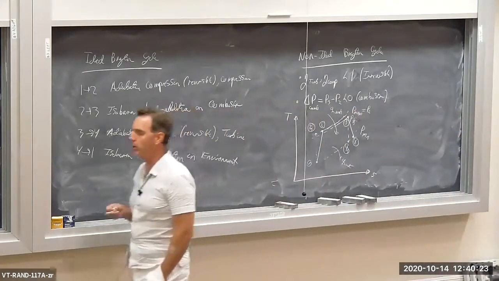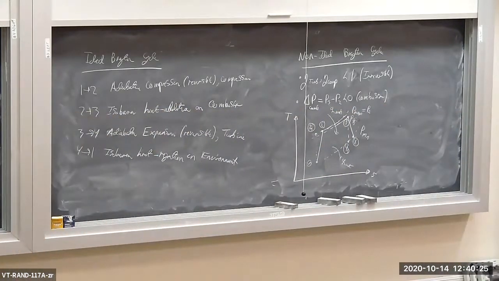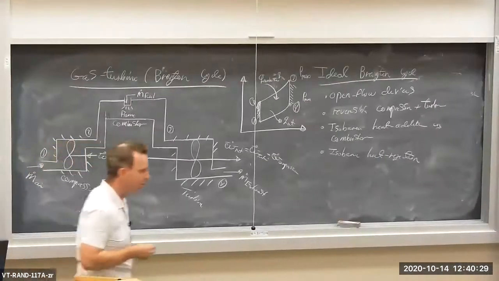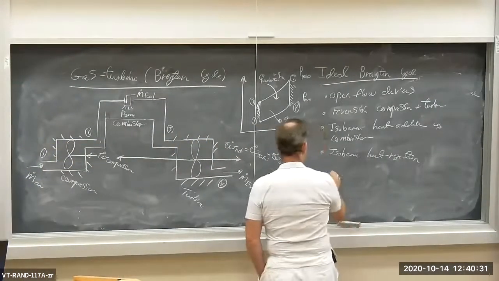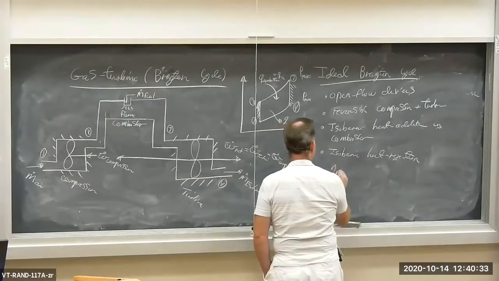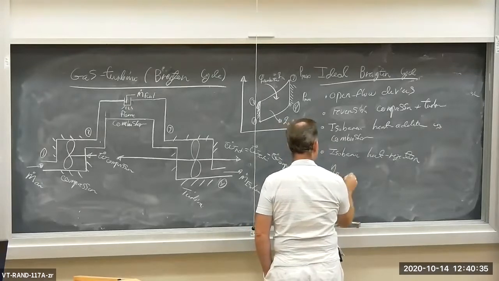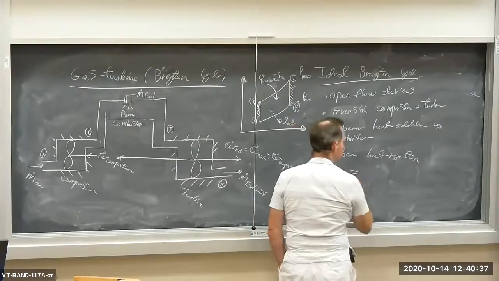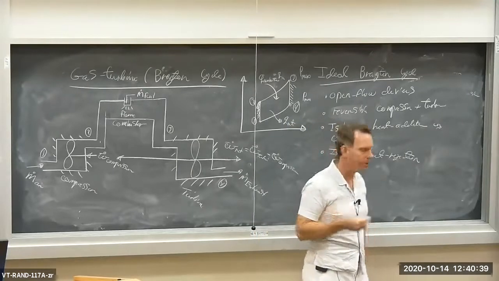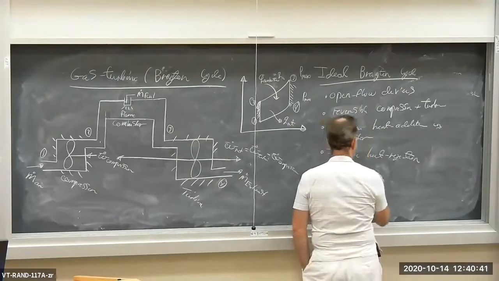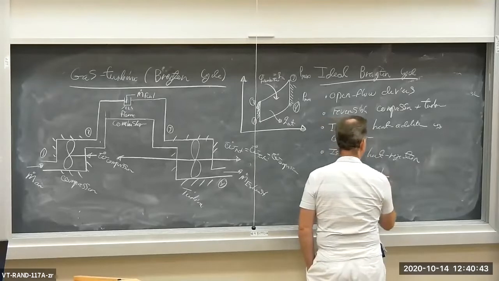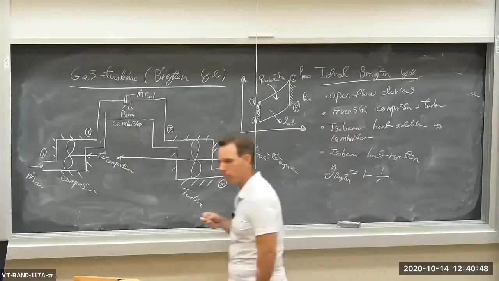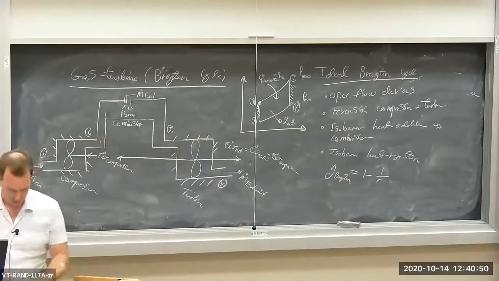If you want to know what the expression for efficiency of a Brayton cycle is, note the expression for the efficiency of a Brayton cycle, assuming constant specific heats, 1 minus 1 over R sub P to the K minus 1.